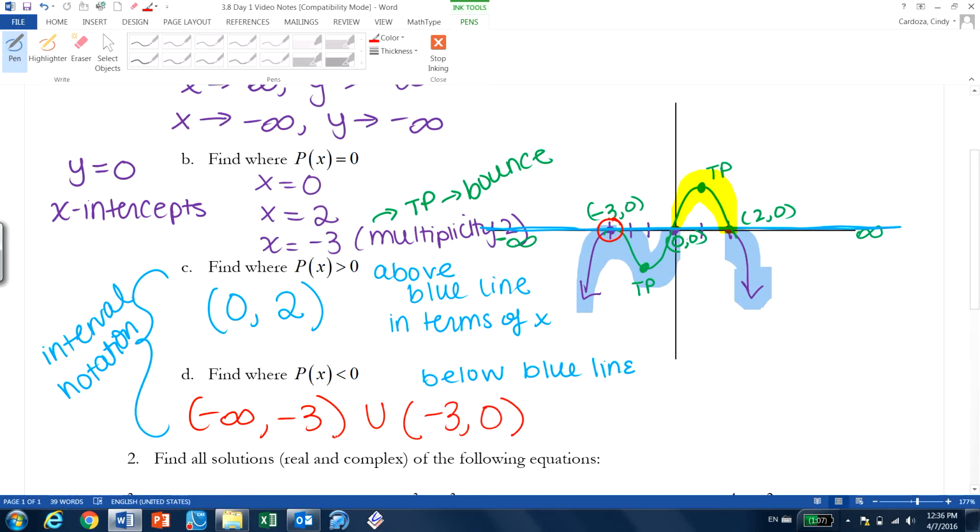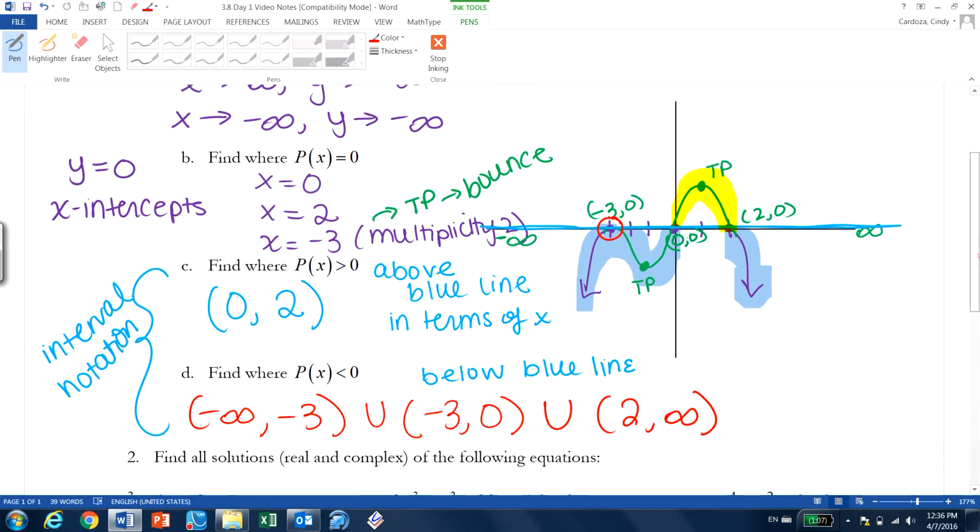Now again, because I have parentheses, this is showing me that at negative 3, that was not below the blue line, that was on the blue line or above, okay? And the last interval I have is this last blue section, which is 2 to infinity. So again, be careful with what's on it, above it, below it. And you feel free to use highlighters to kind of shade, okay?